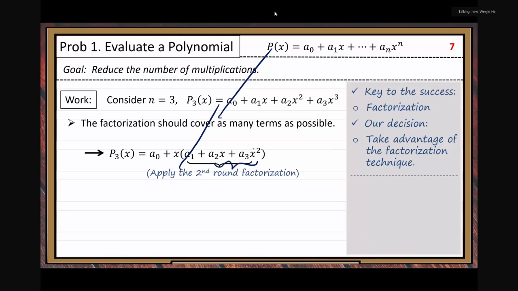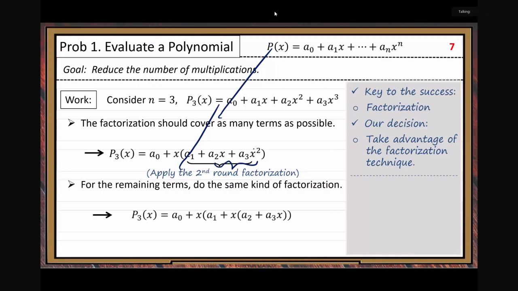Then we stop. After that, we rewrite our original cubic polynomial in this structure, containing 2 rounds of factorization, like this.